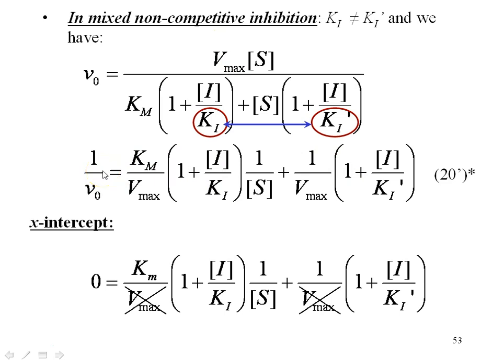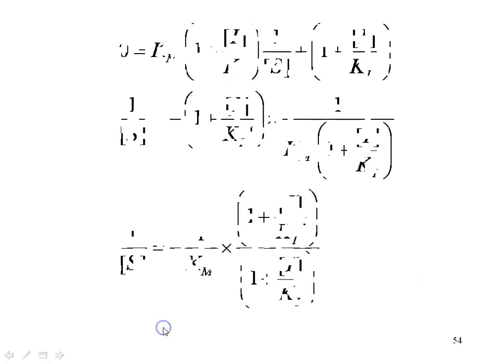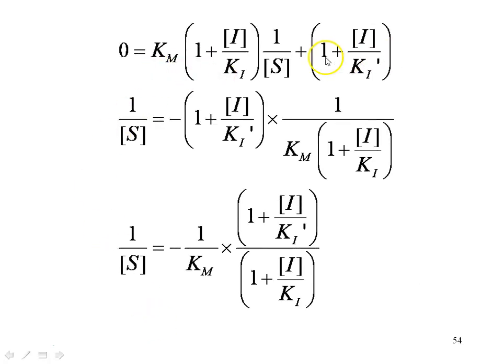And in order to find the x-intercept, I place the y as 0, and then I find that Vmax is a common factor in the two terms here, so that cancels. And by some manipulations, you can show that the intercept in this case will equal to -1 over Km multiplied by the ratio of alpha prime over alpha.